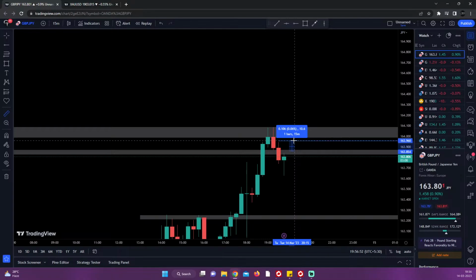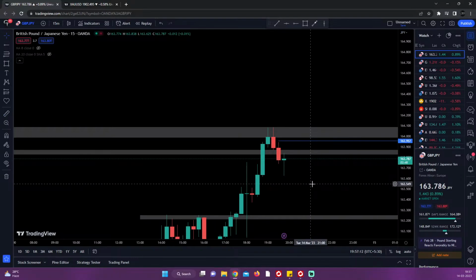My target was 12 to 15 pips, so if I enter earlier from a lower price, that will be a win position for me. But the thing is, this is a 15-minute time frame, and 15-minute confirmations are less accurate than the 30-minute confirmation. So I have to reduce my risk first to get into this trade.